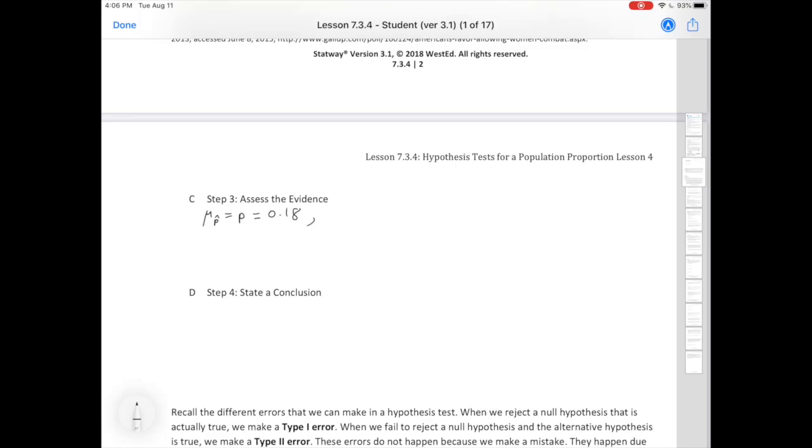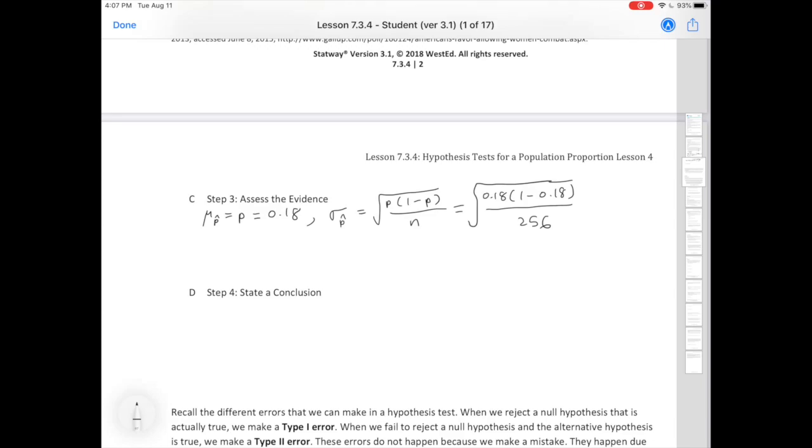Okay. What about the standard error? The standard error is going to be the square root of p times 1 minus p divided by n, which in this case is the square root of 0.18 times 1 minus 0.18 divided by 256, right?